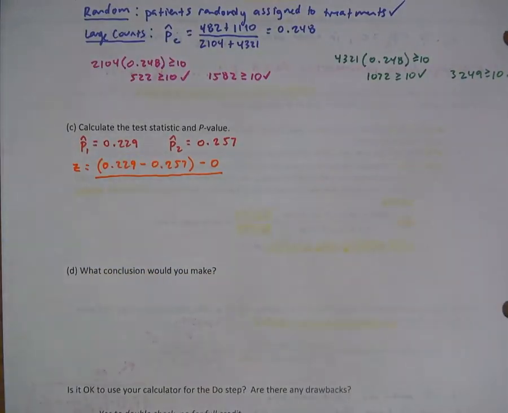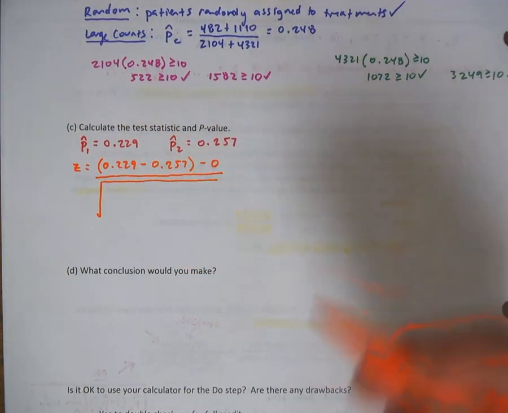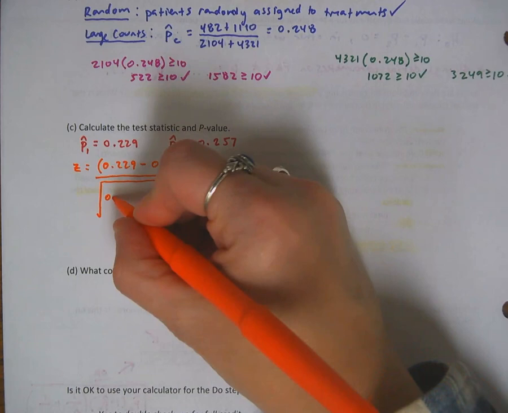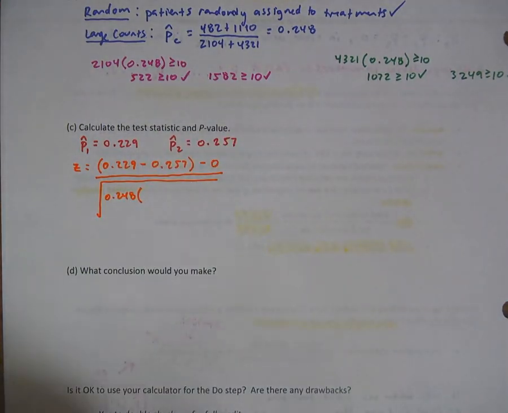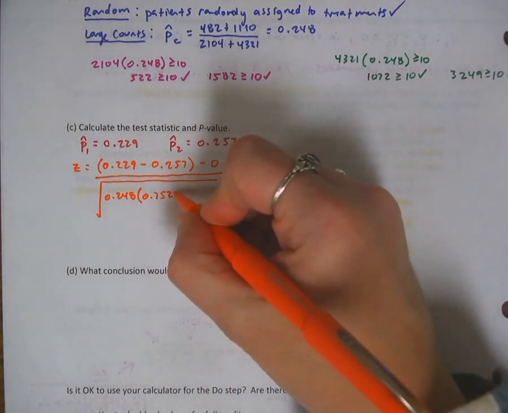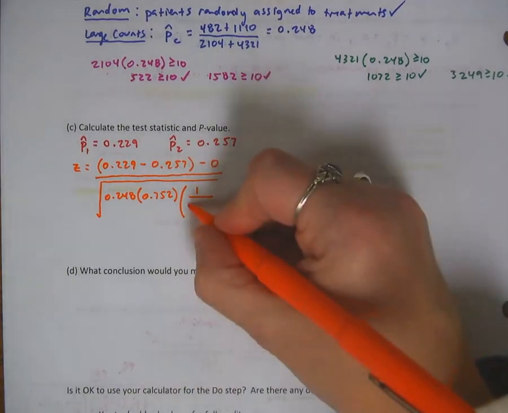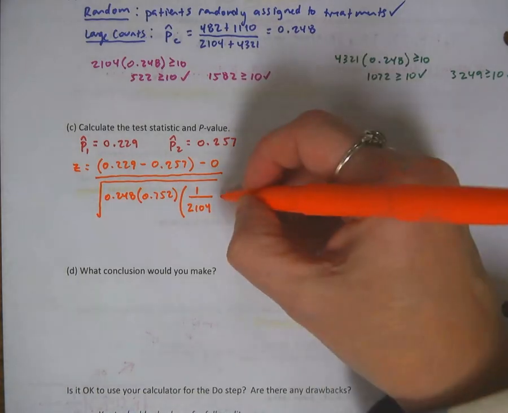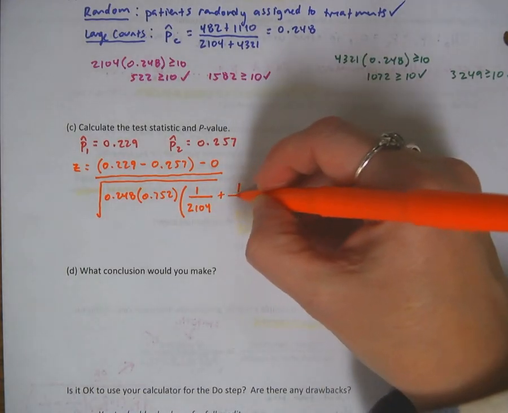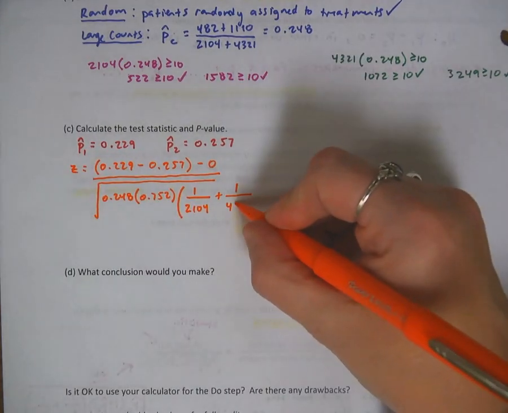So P hat C is 0.248. The complement of that is 0.752. And then we're going to do 1 over the first group size, treatment group size, added to 1 over the second group's, the control group size.